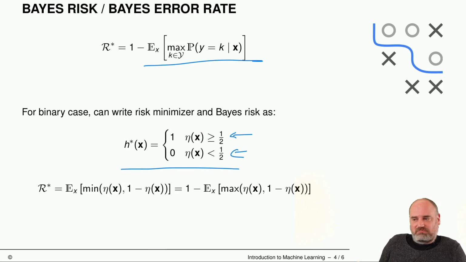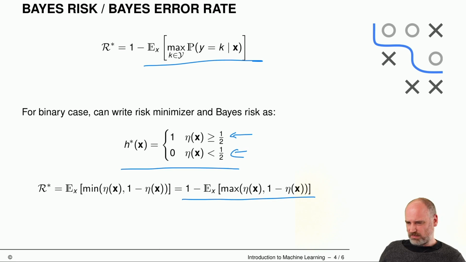But that's just us, again, picking the most probable class and writing this down slightly differently for the important case of binary classification. Again, there's a nice short and compact formula, which I've written with this eta here, which are our conditional probabilities for x. So you can also write it like that, and work directly with this as the error rate for 0-1 classification.